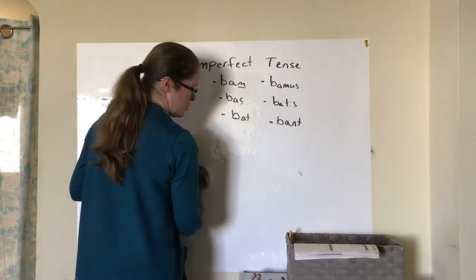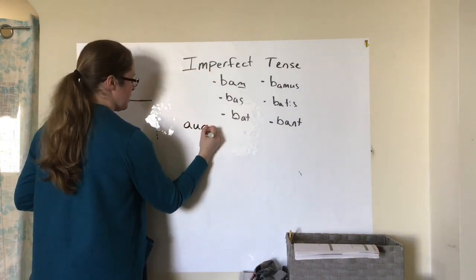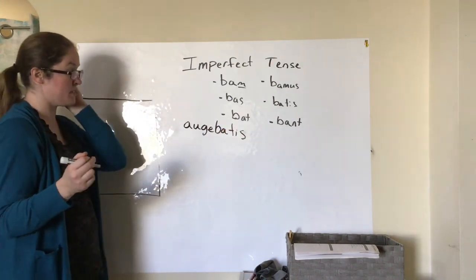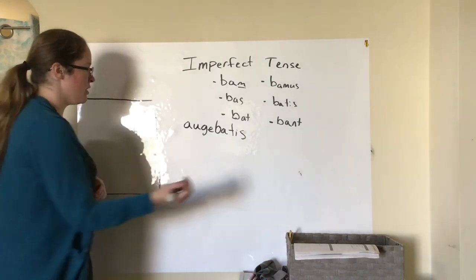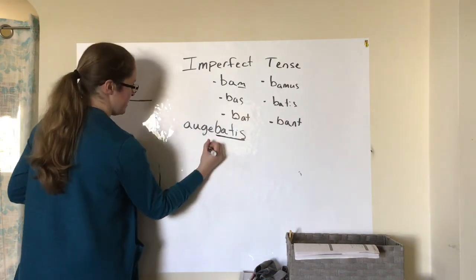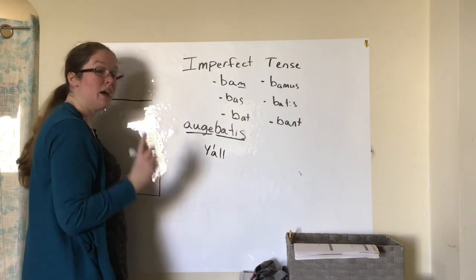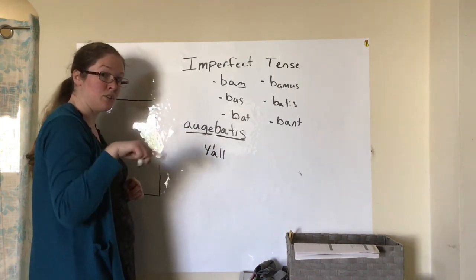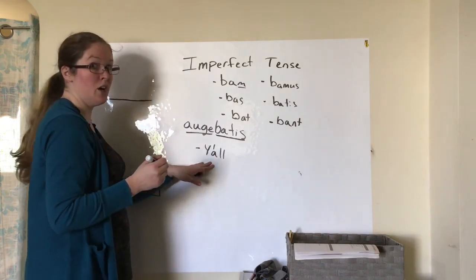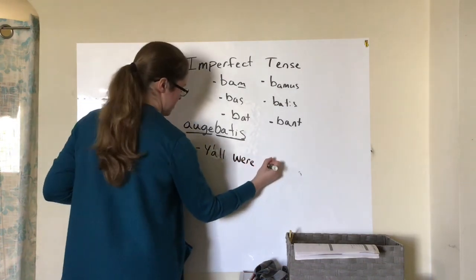So let's go with augebatis. Augebatis. All right, so batis is going to mean y'all in the imperfect. Auge is augeo, augere, auxi, auctum, so increase. So in the imperfect tense, our first option, y'all, helping verb, were increasing.